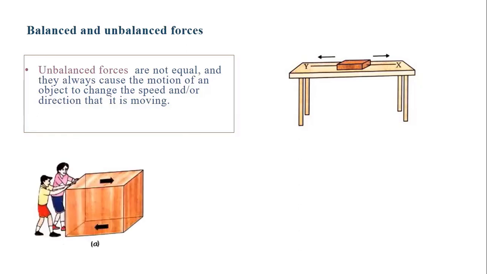Let's take another example. Here two persons try to put a stationary wooden block in motion. Initially the wooden block is fixed and they are applying some forces, but this is not sufficient, because whatever forces they apply are fully balanced by the frictional force on the object, right?